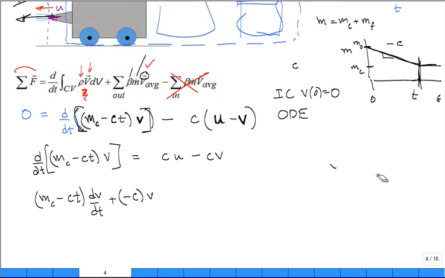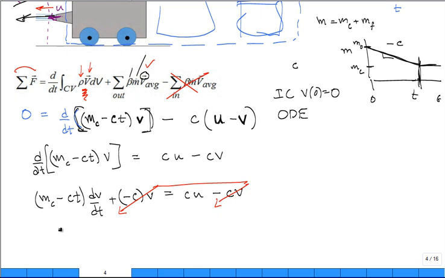All right. So at this point, we look over here. We have Cu minus Cv. Can we cancel those on both sides of the equation? That simplifies it. Now we're left with something that I want to separate. What is my independent variable?